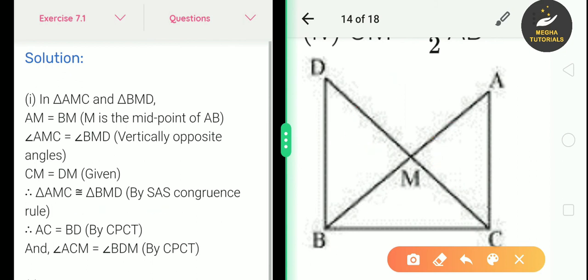Now two triangles are congruent, therefore we can equate corresponding parts. So we can write AC is equal to BD by CPCT, as well as we can write angle ACM, this small angle, is equal to angle BDM by CPCT or CACT, corresponding angles of congruent triangles.